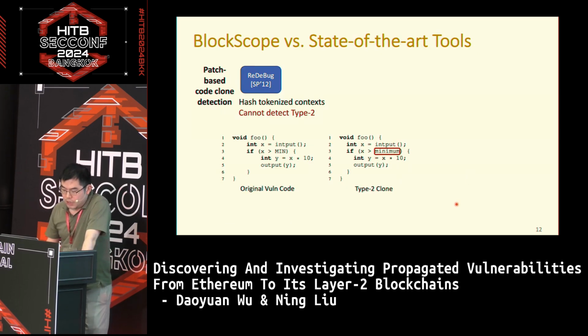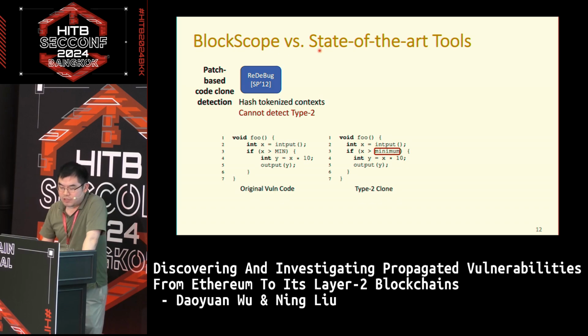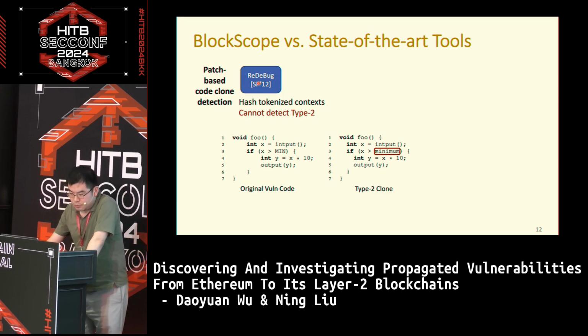Okay, so here are the two major components of BlockScope, and you probably know that in academia there are many famous tools developed in the past. So we also compared how unique BlockScope is in comparison with state-of-the-art tools, such as ReDeBug.